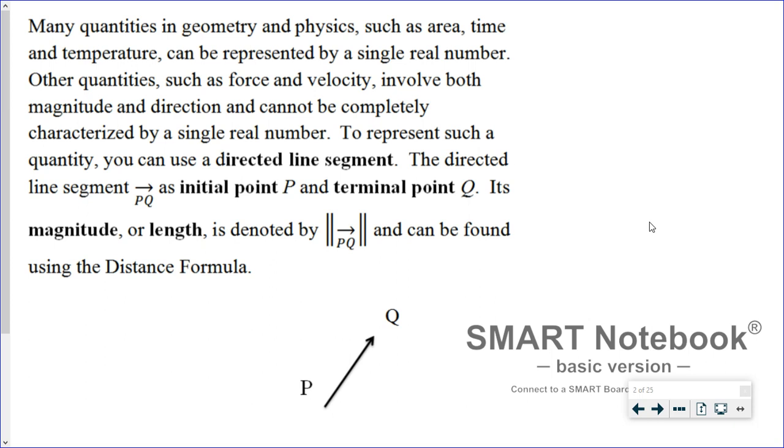The directed line segment PQ has initial point P and terminal point Q. Its magnitude or length is denoted by the double bars around the name of the vector, and that's called the magnitude of PQ. It can be found using the distance formula.